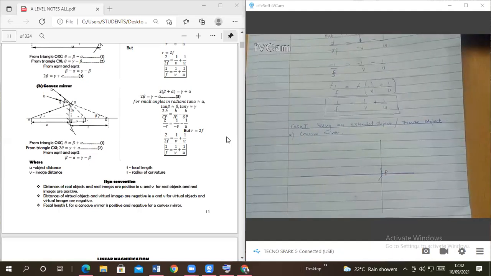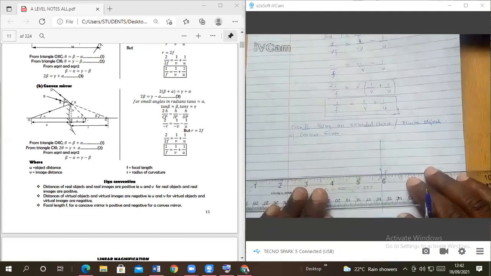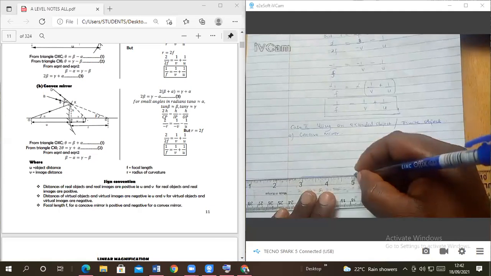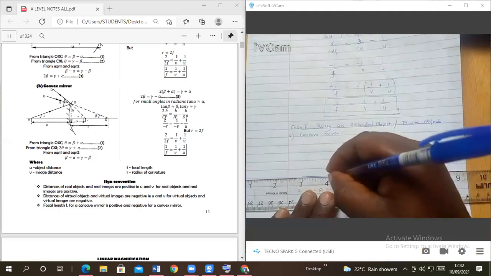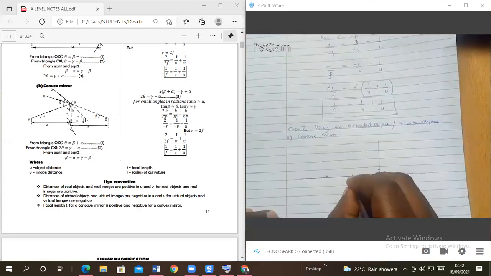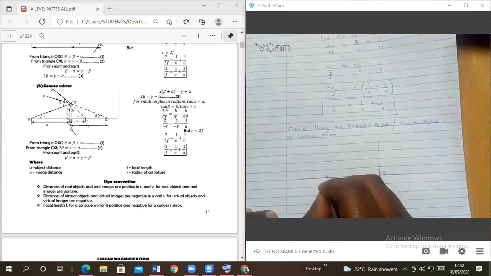Then we shall make our correct demarcations: we can decide to put F here, and we put C at this point. So we have F and we have C.